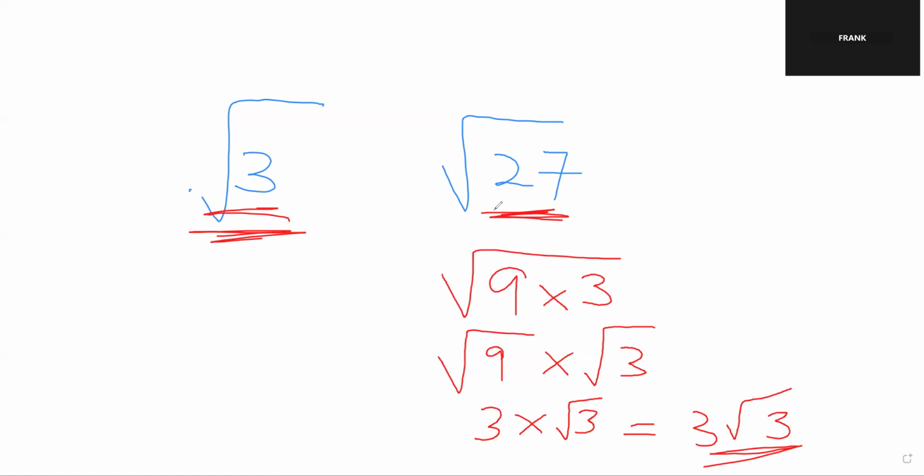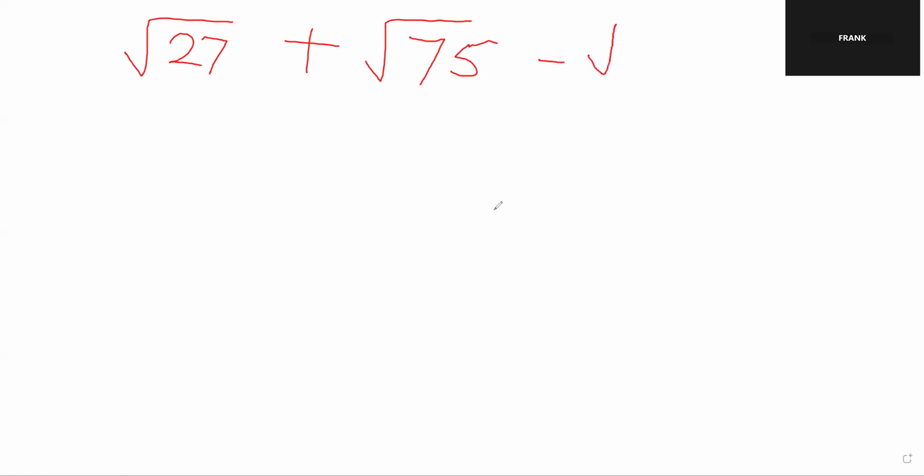So let's take an example of surds and look at how we can add or subtract them. I have root 27 plus root 75 minus root 20. I am asked to simplify this.